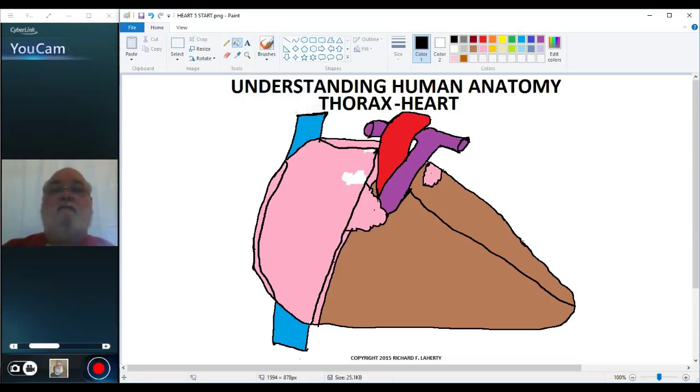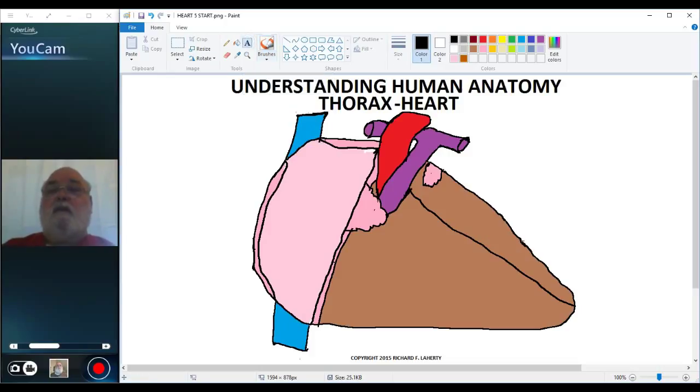And I'm going to fill the area that we opened up with a slightly lighter shade of pink than the one we had in forming the wall itself. So, one of the things we'll notice is that we have the superior vena cava opening into the right atrium and the inferior vena cava opening into the right atrium.